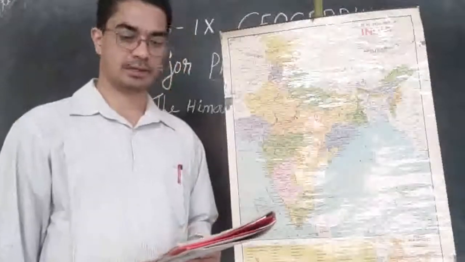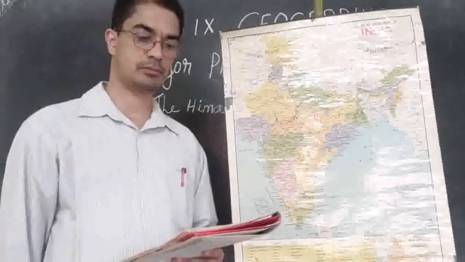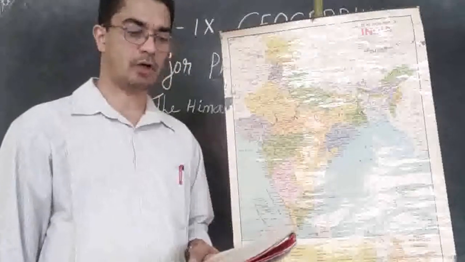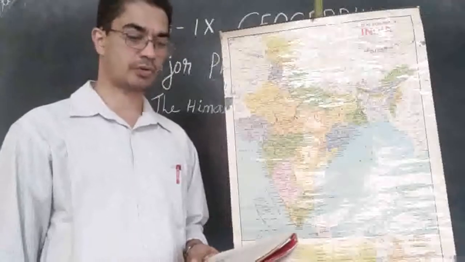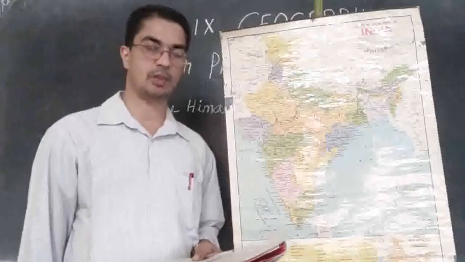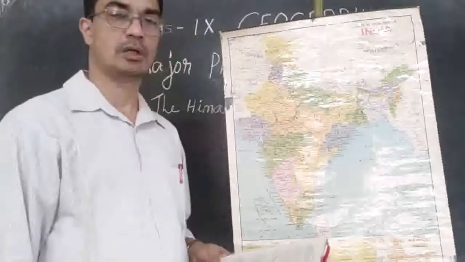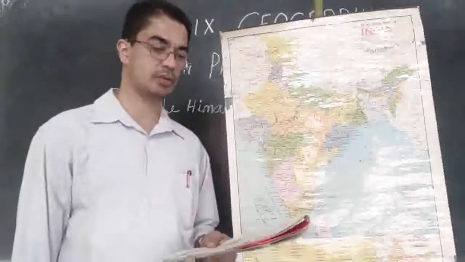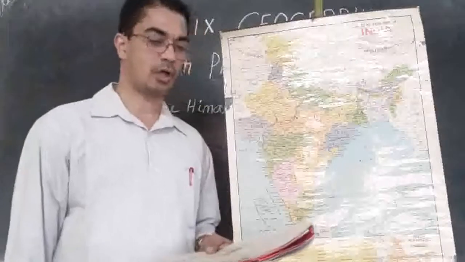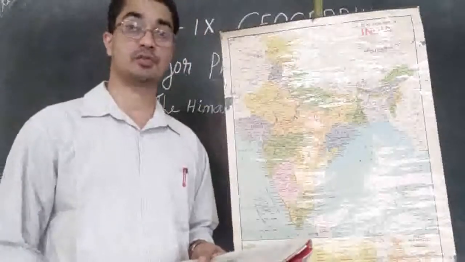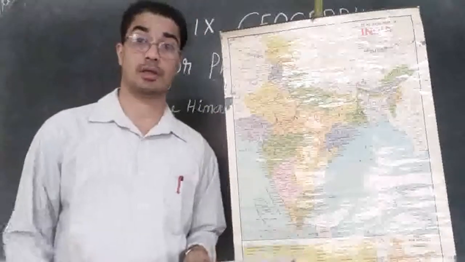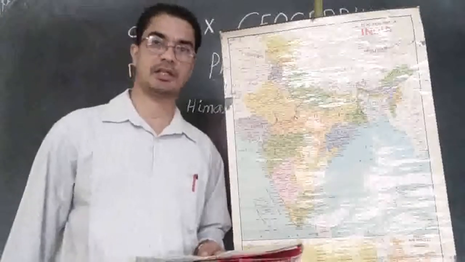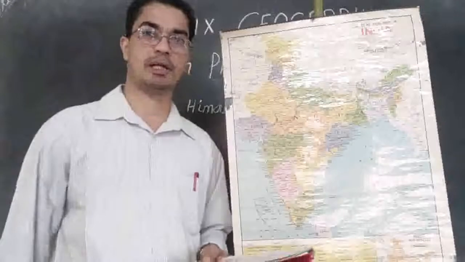And the Himalayas represent the loftiest and one of the most rugged mountain barriers in the world. So another speciality of this Himalaya is that it is the loftiest mountain. Loftiest means very high. Remember, the highest peak in the world is Everest, and that is situated in Himalaya.